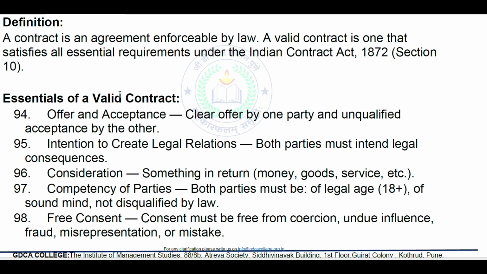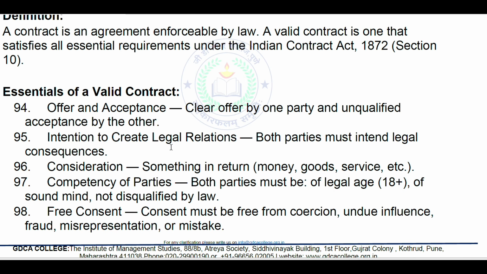So, essentials of a valid contract: offer and acceptance, a clear offer by one party and unqualified acceptance by the other party. Intention to create a legal relation: both parties must intend legal consequences.